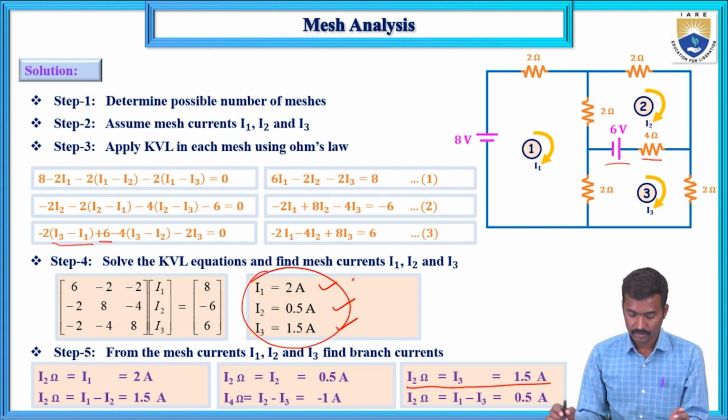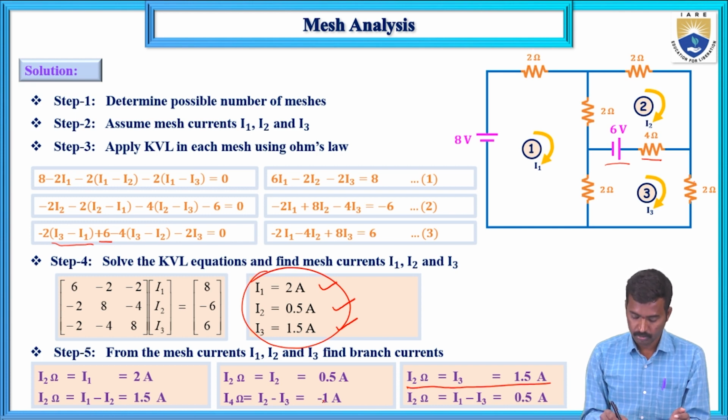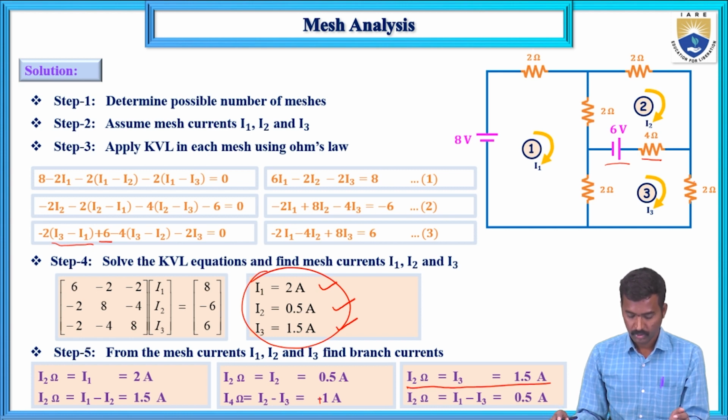Next, this I2 equals I1 minus I3, 2 minus 1.5, that is 0.5. I think this one is plus I2 minus I3.